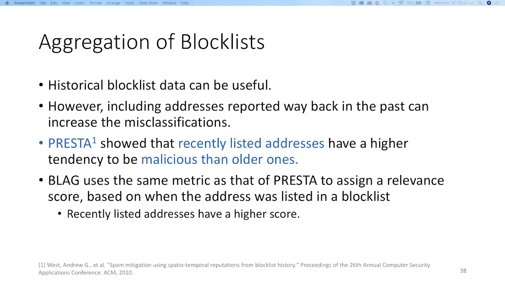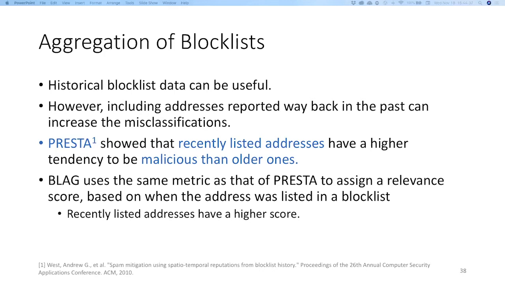This is because these IP addresses may be cleaned of the malicious activity, and they may no longer be malicious. And this observation was also made by Presta, a work presented at USENIX, where they show that recently listed IP addresses in block lists have a higher tendency of being malicious than IP addresses that were listed way back in the past.